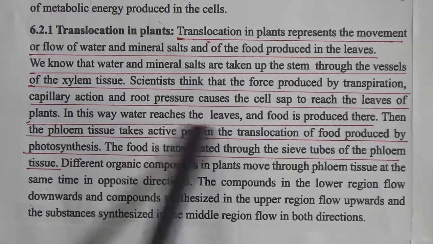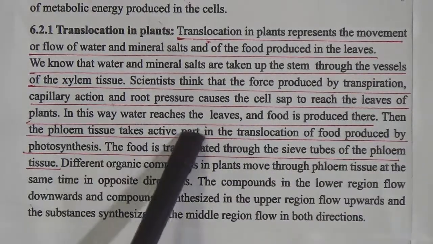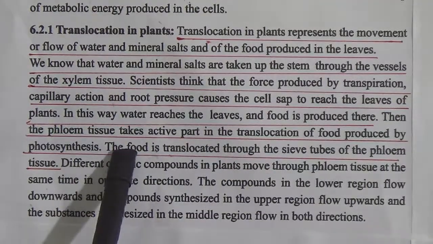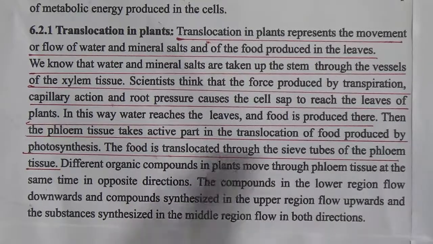In this way, water reaches the leaves and food is produced there. Then the phloem tissue takes an active part in the translocation of food produced by photosynthesis, and the food is translocated through the sieve tubes of the phloem tissue.